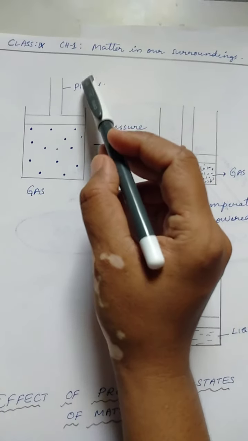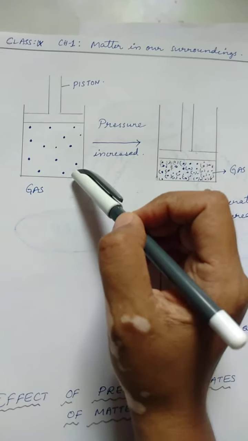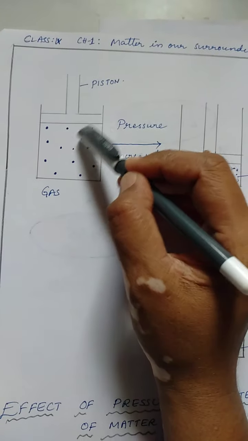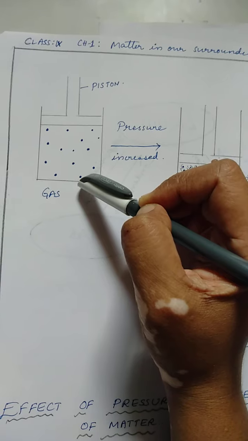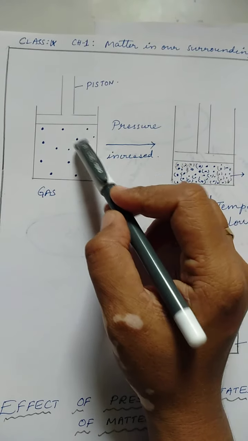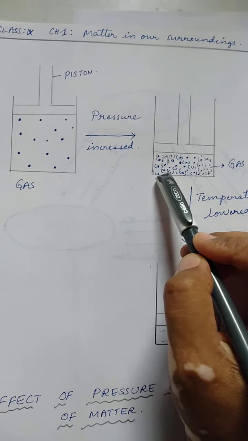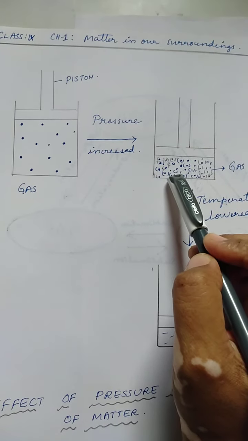When a high pressure is applied to a gas, you can see over here a container and there's a piston to compress this gas. When a high pressure is applied to the gas, it gets compressed to a small volume. Can you see the difference in the volume?